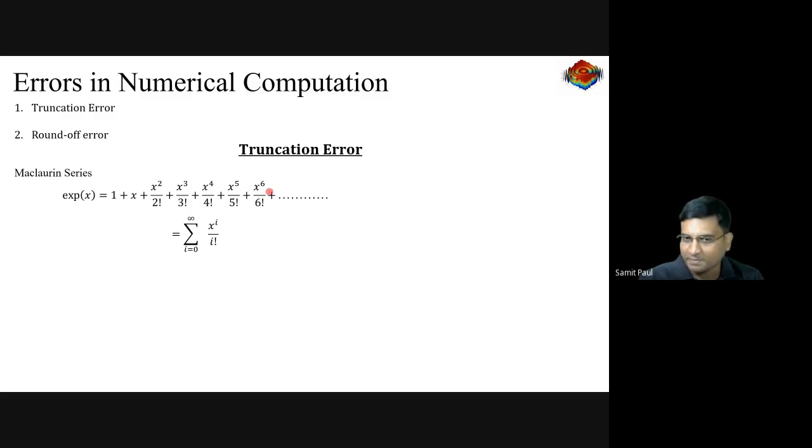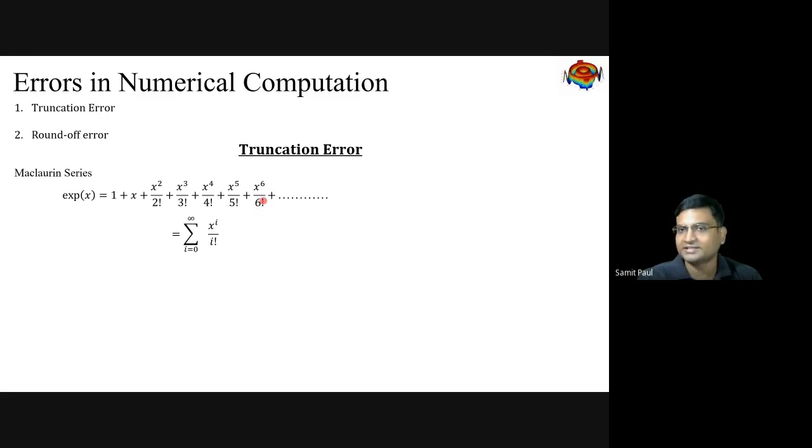Now, if you stop at some point, say maybe x to the power of 6, let us say we want to calculate up to x to the power 6. That means after that, the terms like x to the power 7, x to the power 8, those terms are left out. So the calculated value will have an error due to the truncation of the series.